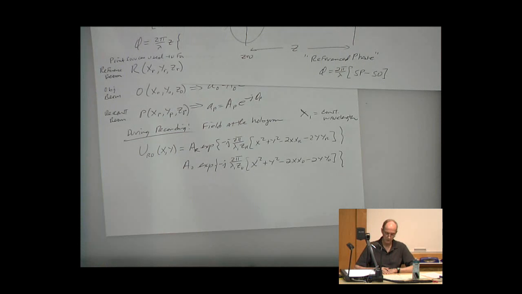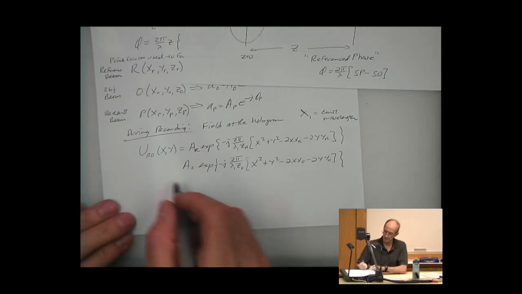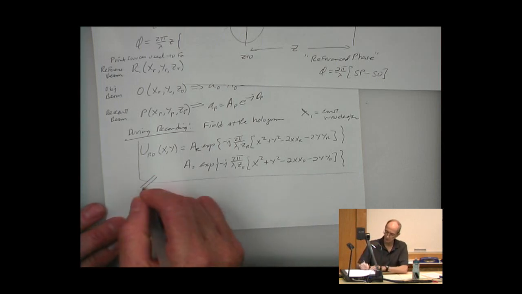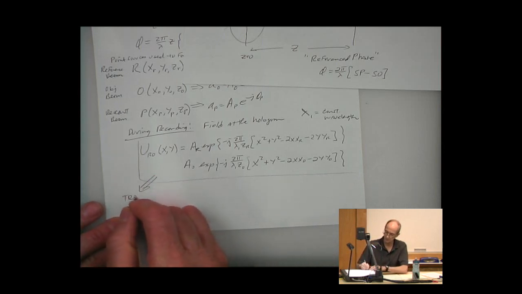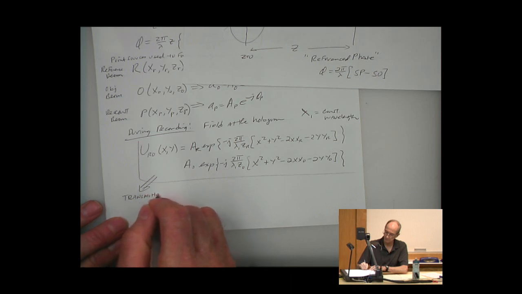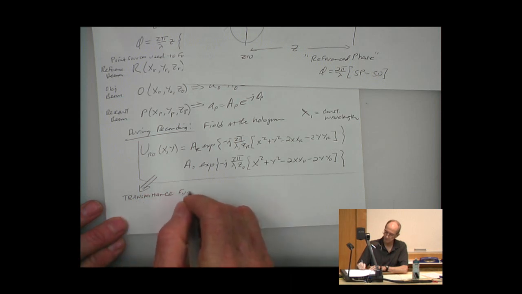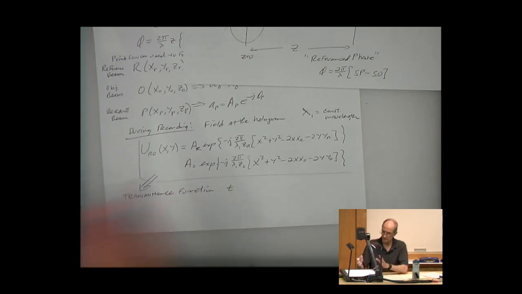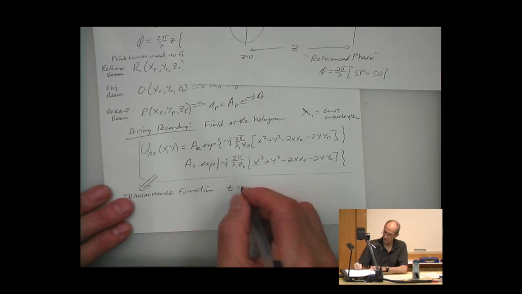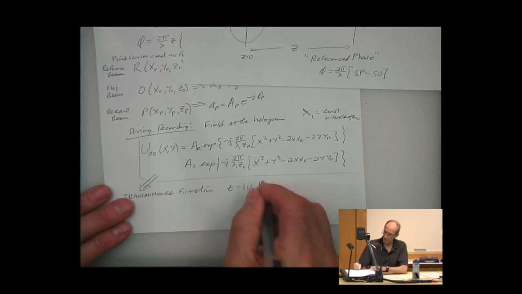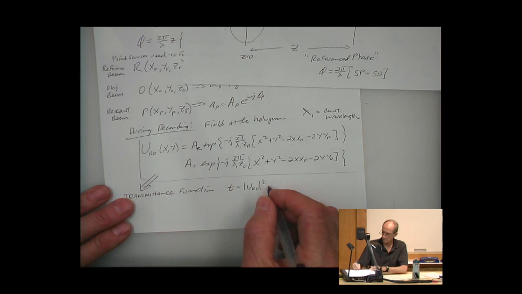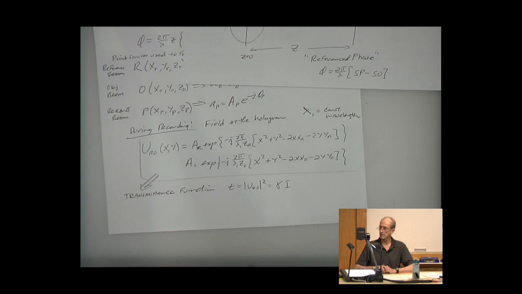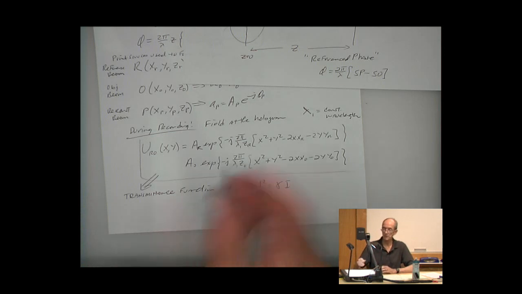As we've done many times in the past, this is going to form the transmittance function. So t is going to be proportional to the square of u_ro, the intensity from that interfering field.